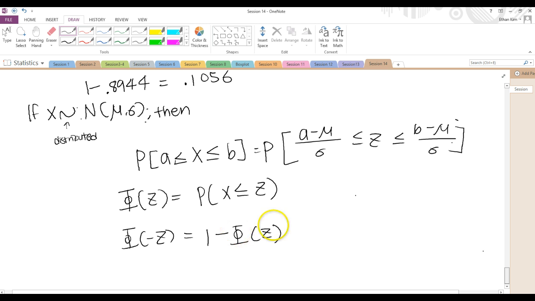So that's how you would work with a normal variable. And z-score is always handy, so we're going to use that. As far as Excel is concerned, we're going to do that next class.